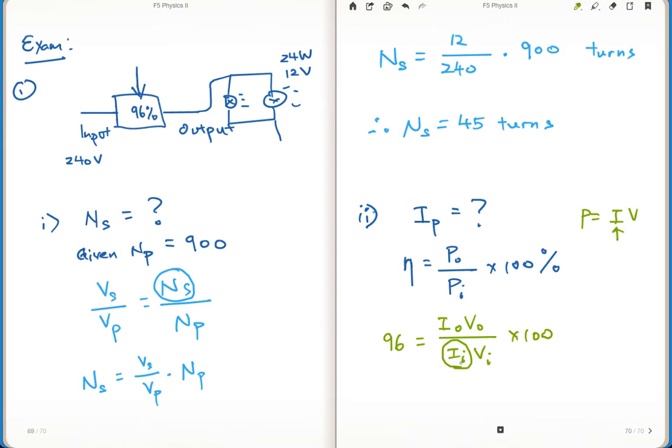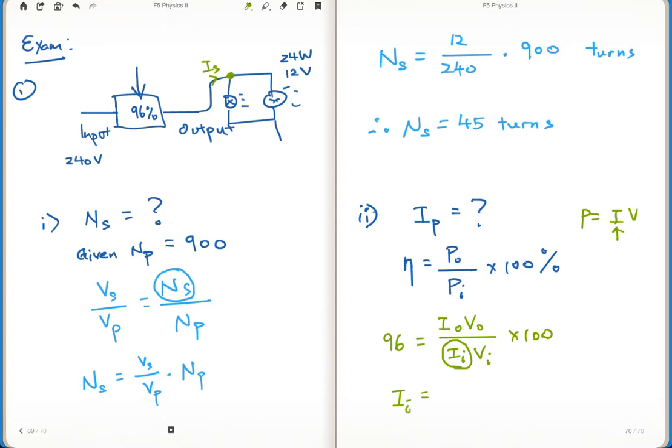So bring it up, therefore input would be output current. Where is my output current? Here will be a bit tricky, because when secondary current comes in at a point in parallel, what happened?